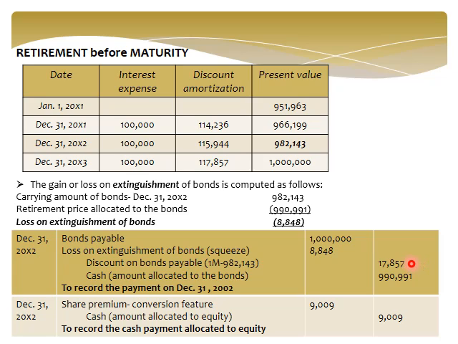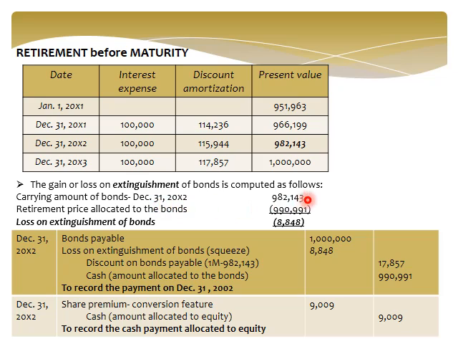So, 17,857, cancel the discount on bonds payable, and then cash amount allocated to the bonds. Nagbayad tayo ng 990,991.